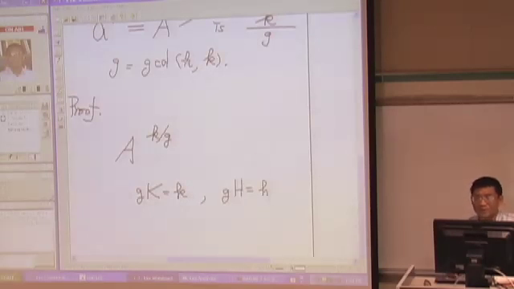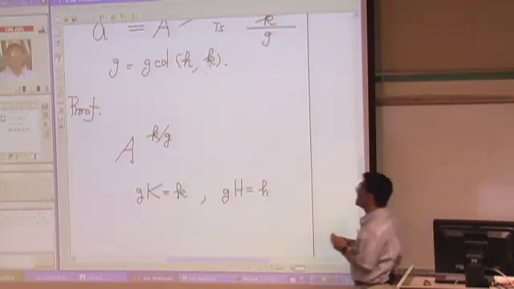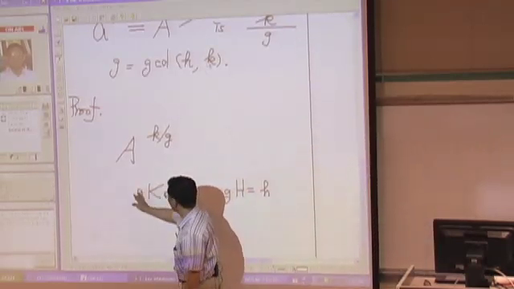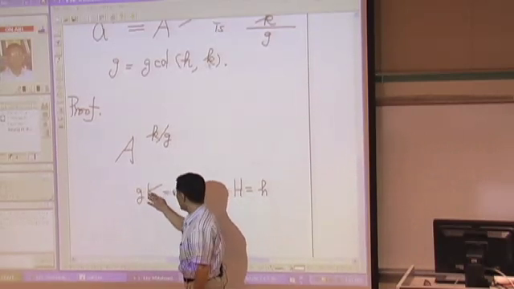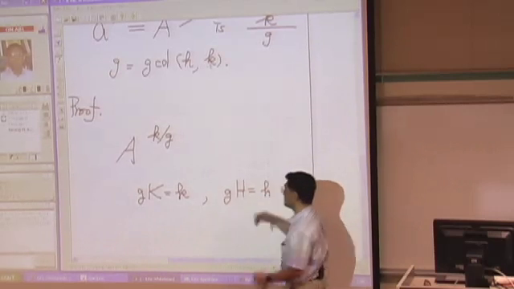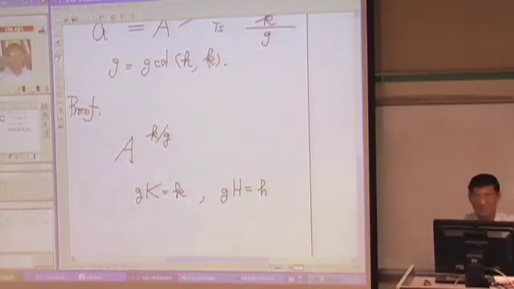Do you follow me? Because they have the common divisor G, lowercase k is nothing but the common divisor G times some number called capital K. Lowercase h is G times some number called capital H. So I will use this notation instead of this fraction.